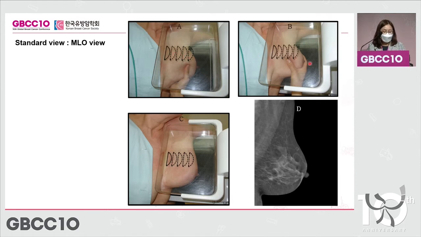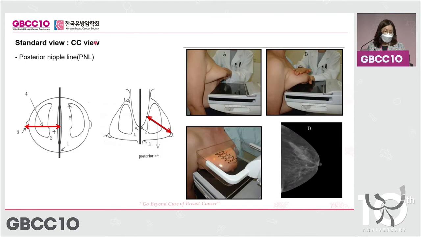The compressor will be placed on the breast, and the breast will have to be evenly spread out so that the deepest area and all of the areas of the breast, including the muscle, will be shown on the image. But since you have to press very well, the more you press the breast, the more the patient will feel this sensation of discomfort.